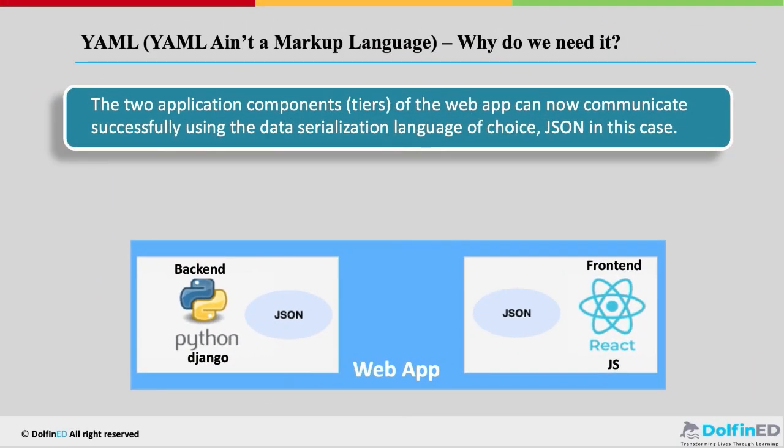So using a data serialization language, the two components of the application that we discussed, the front end and the back end, can communicate. If we pick JSON, for example, in this case, there has to be a module, a translator, that will take the JavaScript syntax and reformat it into a JSON message before it is sent to the other side.